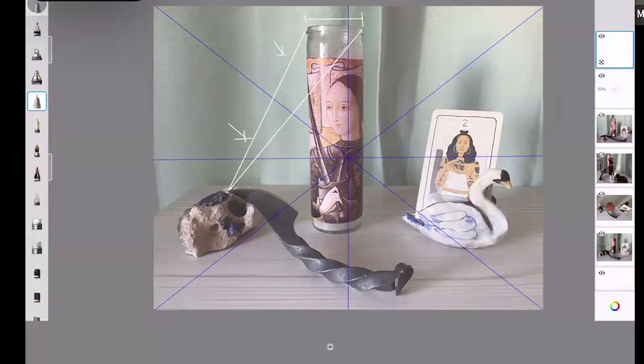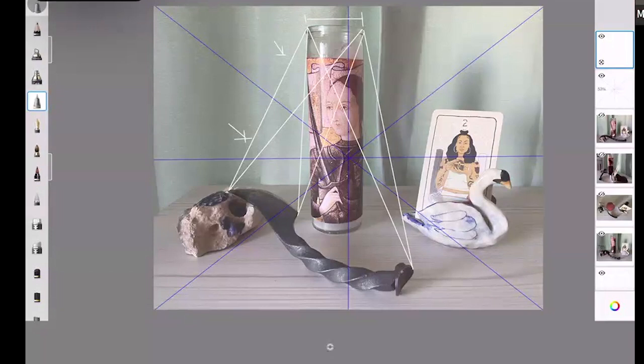So I'm going to go from this point here to the outside edge of the knife there and to there. And so now I have measured and located the outside edges of the cylinder from two important reference points. And of course, I could even do that from a third point, like here. The more points I use, the more likely it is I'm going to find the correct location.